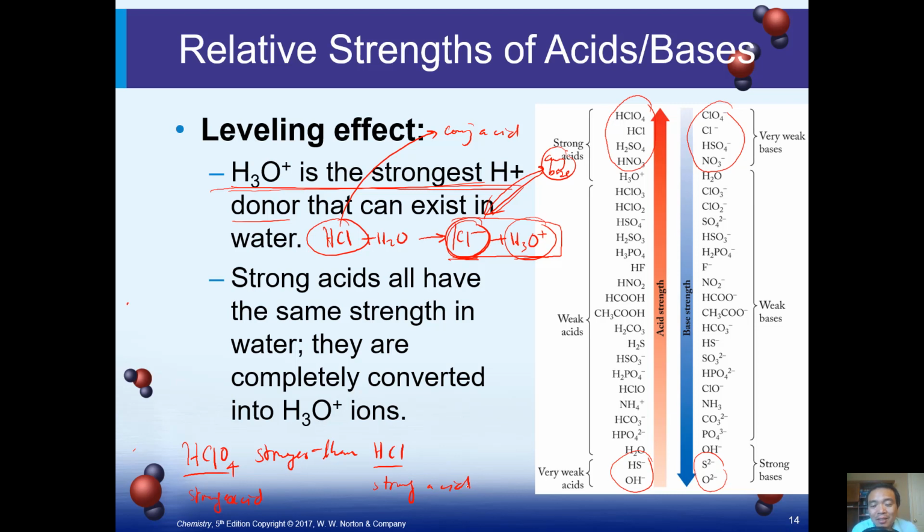So this effect is so-called a leveling effect, which means any acid that is stronger than hydronium ion will be leveled to the same acidity of hydronium ion. Okay, and the bases that are stronger than hydroxide will also show the same basicity as hydroxide. So that's so-called leveling effect.